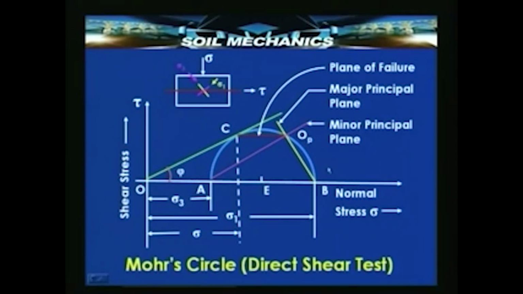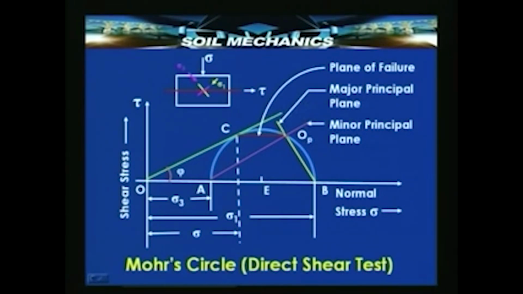The property of the pole is that from the pole, if you draw a line parallel to any plane, where it intersects the Mohr circle gives you the stresses on those planes. So, for example, if I draw a line from OP to point B, since the coordinates of B have major principal stress and 0 as the values, OPB must therefore represent the major principal plane, that is this yellow line, because it passes through a point B whose stresses correspond to the stresses on the major principal plane, that is sigma 1, 0.